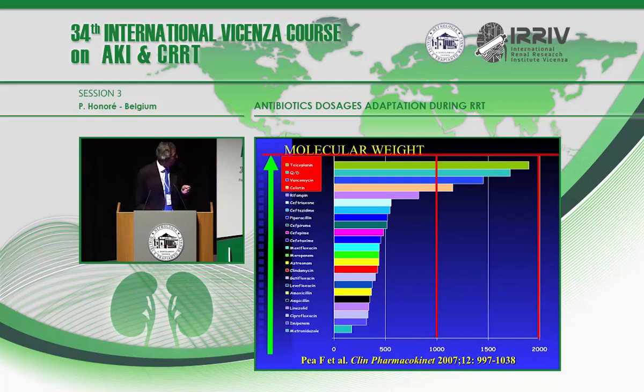If we focus on molecular weight, for most of the antibiotics we are using in the ICU, this is not a huge problem, because when you see the molecular weight in Daltons, surely for CRT, even for vancomycin and colistin, it's an easy job to get those out of the system.